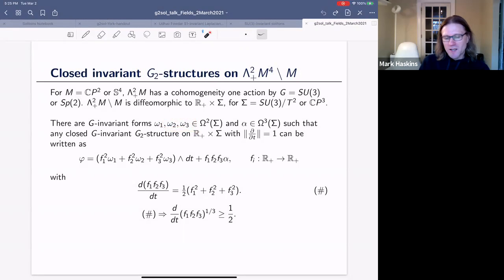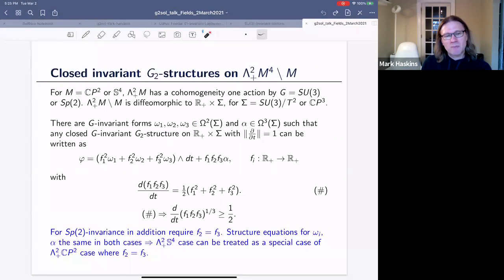So if you set f2 equals f3 and apply everything else, you can regard the Sp(2) invariant case as a subcase of this one. For seeing the general structure, it's better to think about the SU(3) invariant case, but for being able to get some global control of things in the end, it's sometimes convenient to restrict to the Sp(2) case.